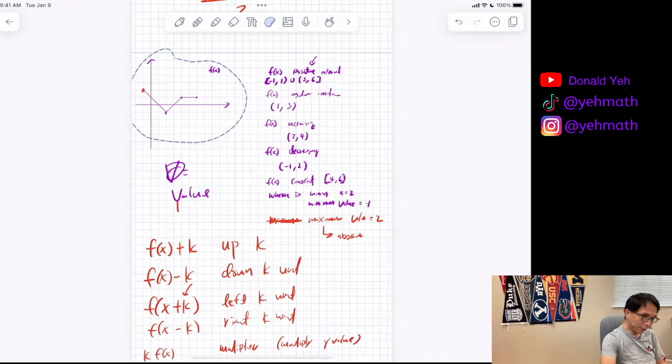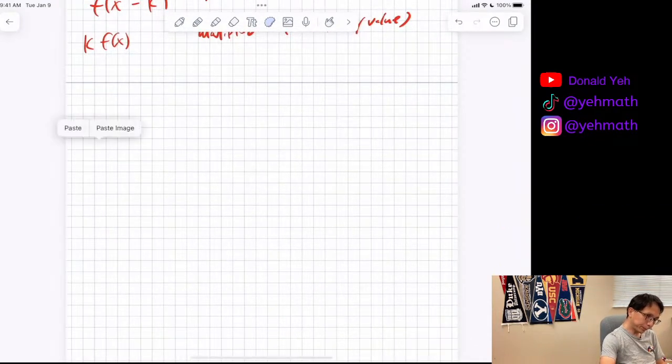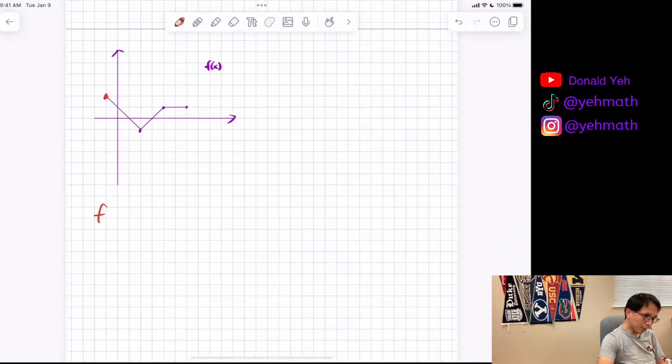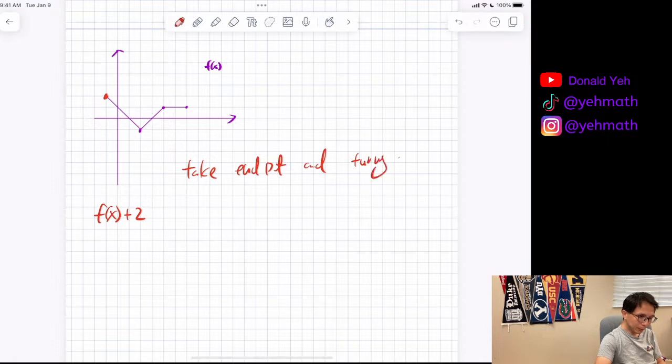I'm going to take this graph. I'm going to copy it and paste here. Now, this is f of x. Can you graph f of x plus 2? For me, I take the turning point and the endpoints, and I decide which way they are going to go.